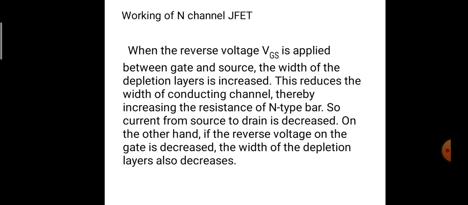This reduces the width of the conducting channel, thereby increasing the resistance of the N-type bar. So, current from source to drain is decreased. On the other hand, if the reverse voltage on the gate is decreased, the width of depletion layers also decreases.